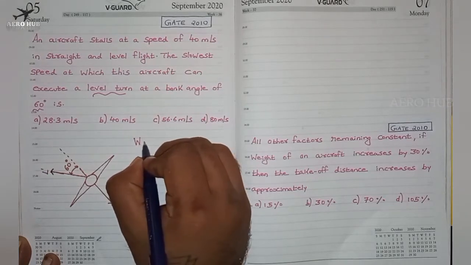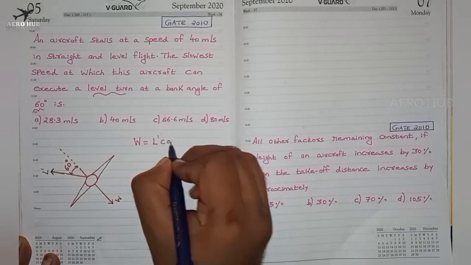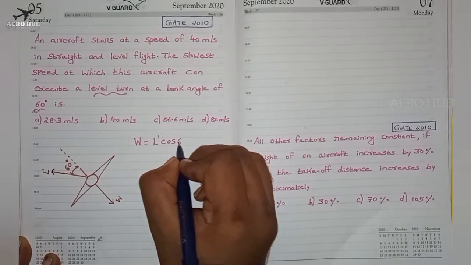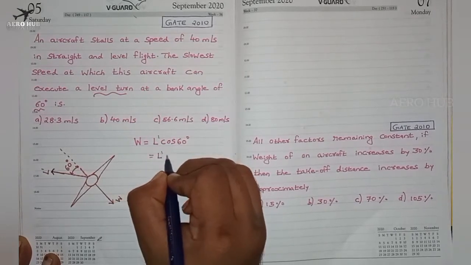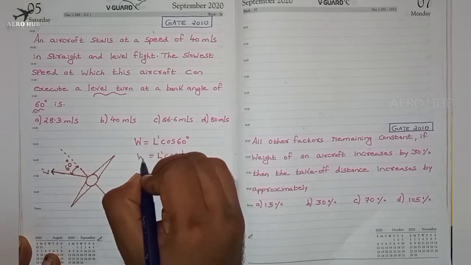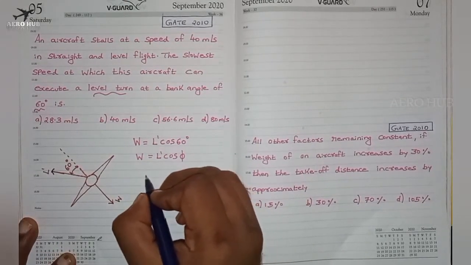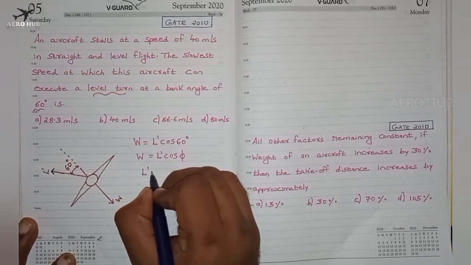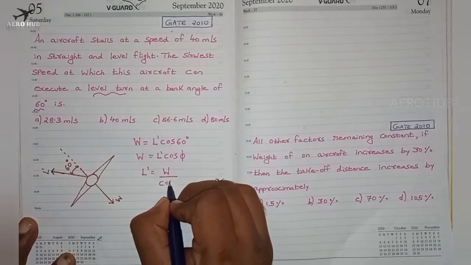So weight W will be equal to L dash cos 60 degree, that is, L dash cos phi, where phi is the bank angle. From this equation I can write L dash is equal to W by cos phi.